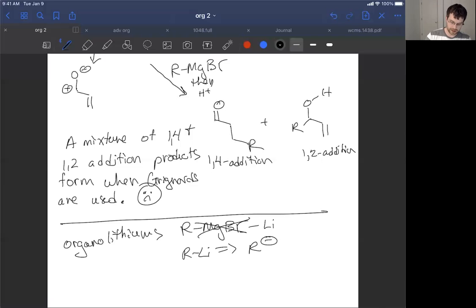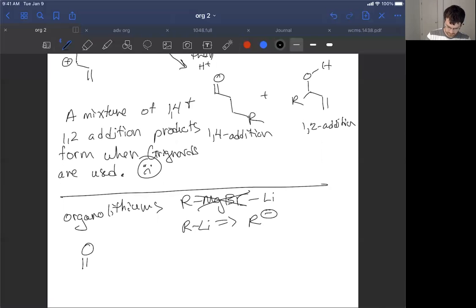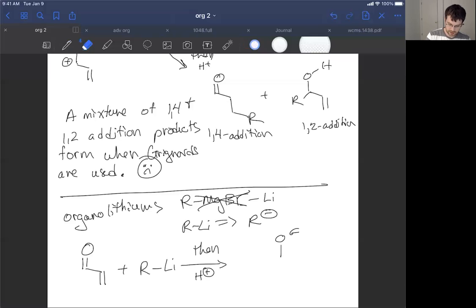So if we do that reaction, we follow it with H plus, it turns out we almost exclusively get 1,2 addition products.